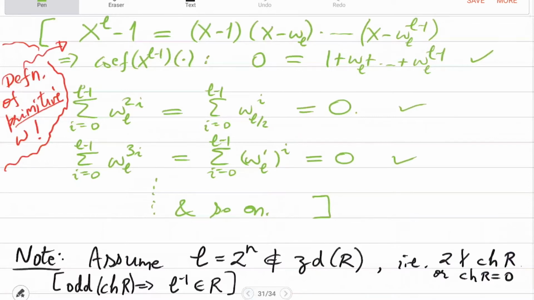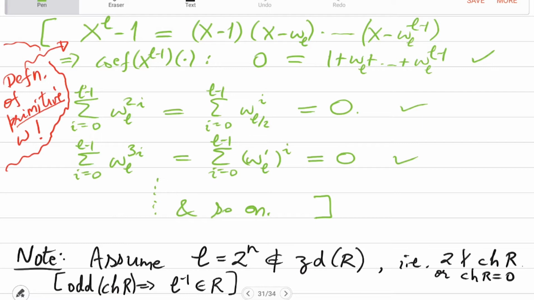So this identity star you can take as the definition of omega being a primitive Lth root of unity, because this is really what you need. Anything else we don't care.